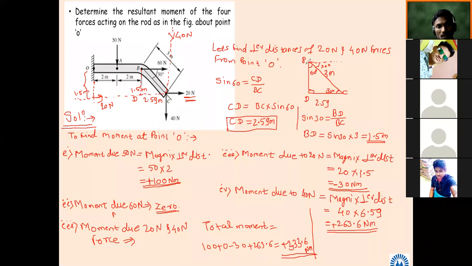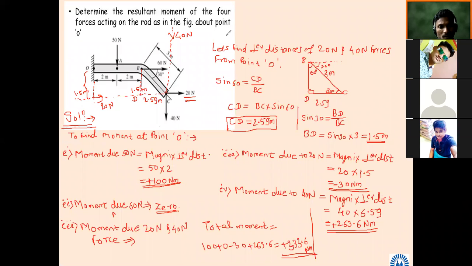So we constructed BDC, then 60, 30, 90, the angles came as 30, 60, 90. We know BC, so we calculated BD and DC. Like this we calculated both.